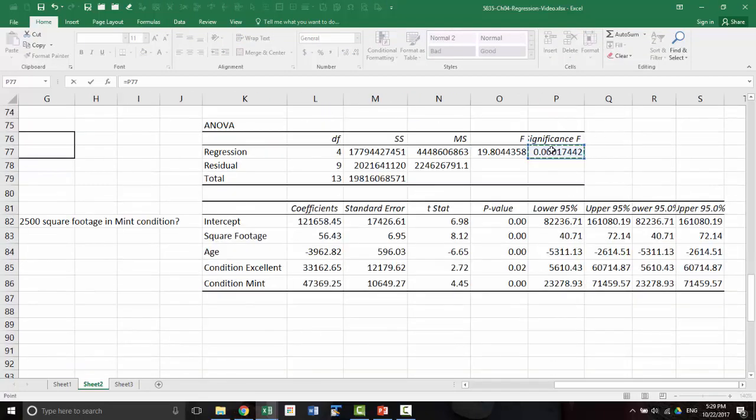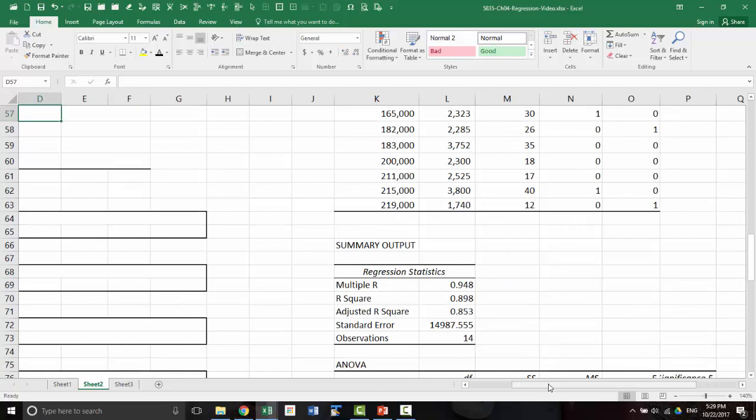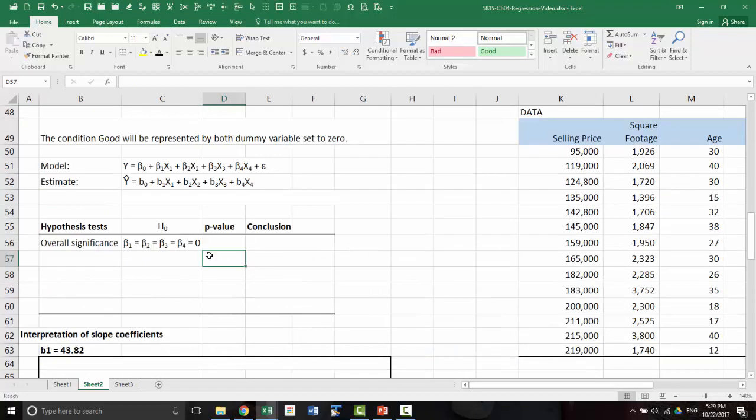Significance of f is the p-value, and the alpha is 5%. Let's assume it's 5%. And of course this is very small compared to 5%, so we reject the null hypothesis, which means overall regression is significant.